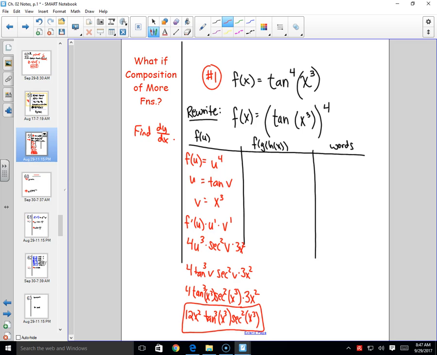So the u had to get plugged in first, then the v's had to get plugged in second. Does that make sense? I was starting to simplify, but it was way too fast for you guys. I'm sorry. The 4 and the 3x squared, I went ahead and moved those in front because they were the non-tricky ones.